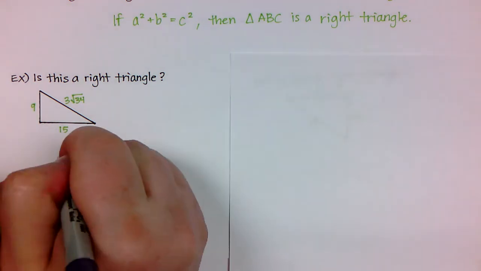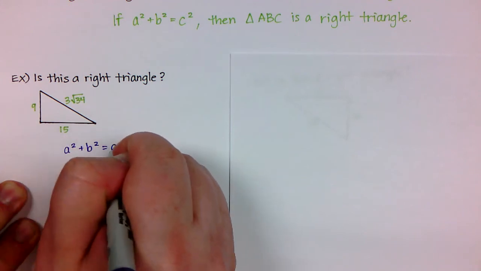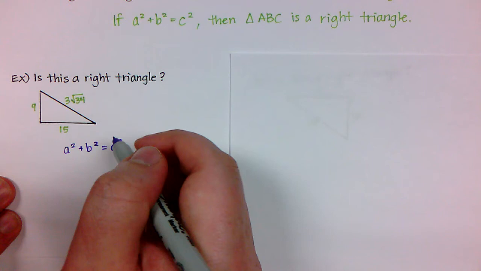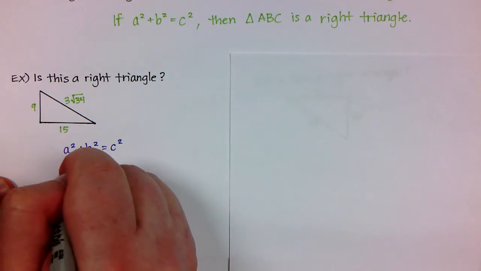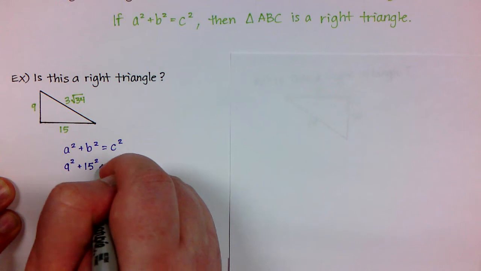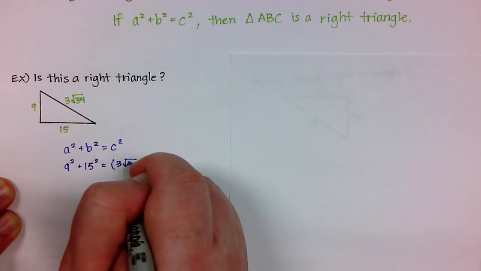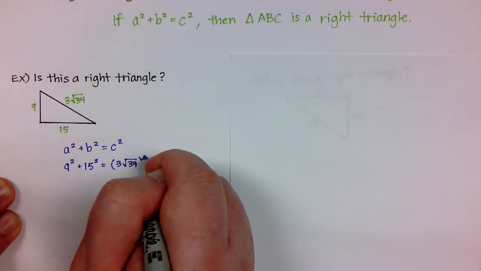So again, I'm going to write down a squared plus b squared is equal to c squared, and see if this holds true when I plug in the values. So one of the legs is 9, one of the legs is 15, and one of the legs looks a little different. It's 3 radical 34.